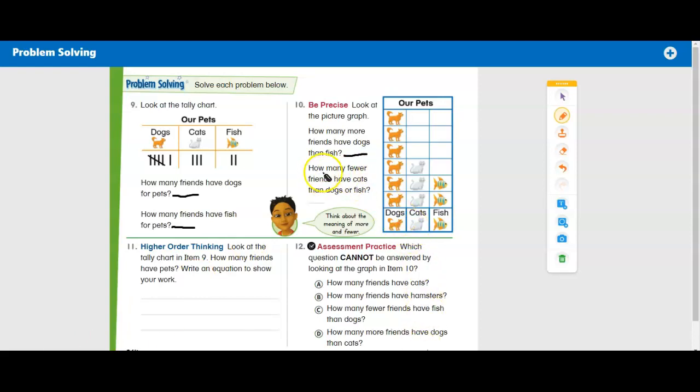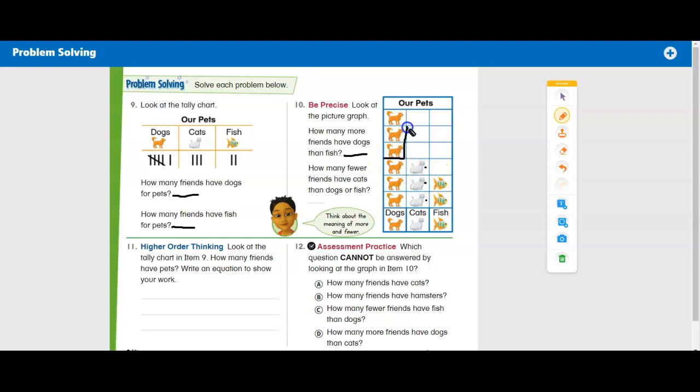Next it says, how many fewer friends have cats than dogs or fish? We can see that there are 3 cats. There are the 6 dogs and 2 fish.